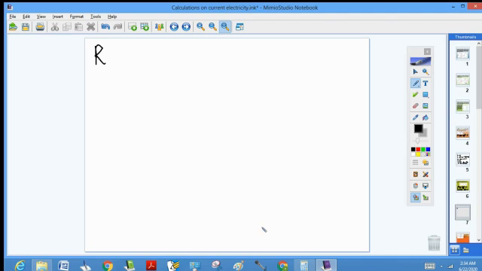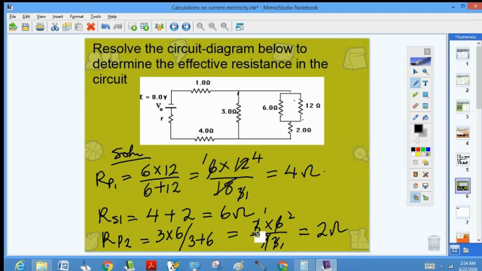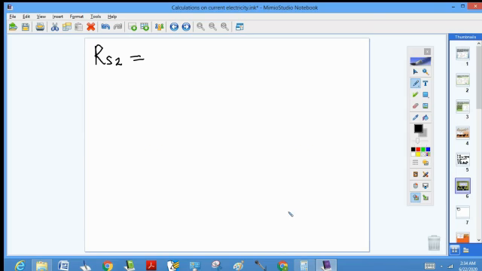R series 2 will be equal to 4 plus 2 plus 1, and that gives us 7 ohms.